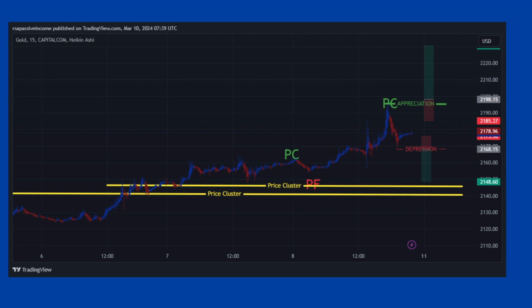Okay, so the next thing that I need to look for is the appreciation and depreciation level, right? So in the 15-minute time frame, I can observe the appreciation level here, and I can observe the depreciation level here. Where do I put my entries?